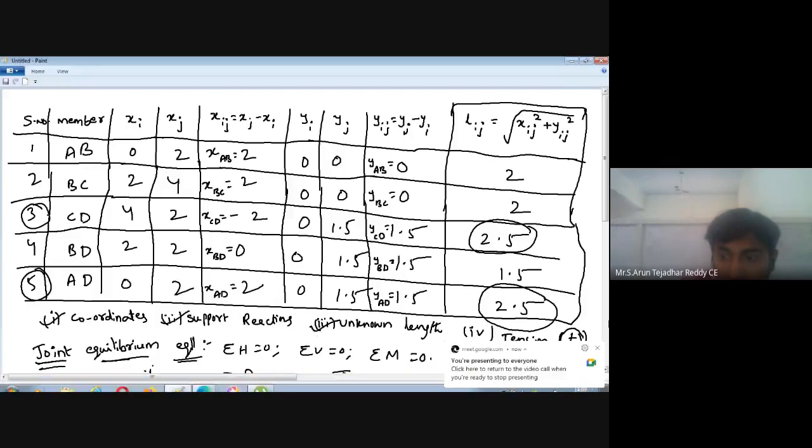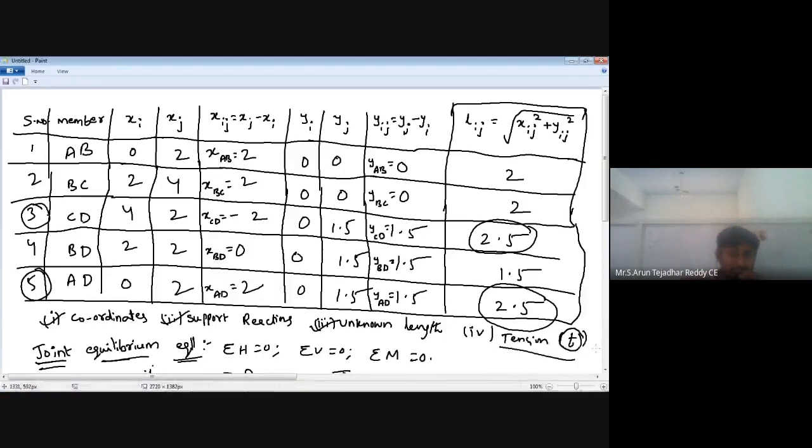Okay, leave it. See, XBA value is -2, not +2. Here we are using some formulas. This is AB, it means 0, 2. In the formula xj minus xi, we get XAB equal to 2.